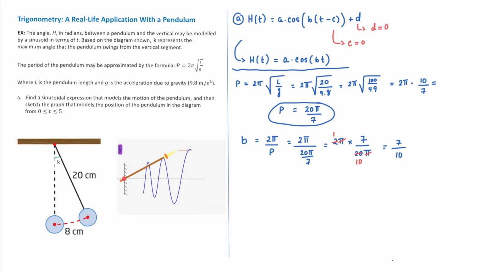Now though, we're going to have to go ahead and find the value of A, the leading coefficient. A is very much connected to the amplitude of the function. If you remember, the amplitude of a sinusoidal function is equal to the distance from the maximum value to the axis of symmetry.